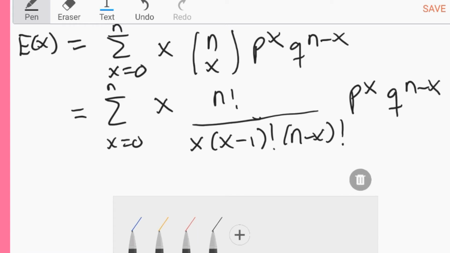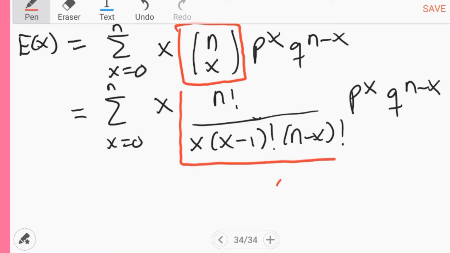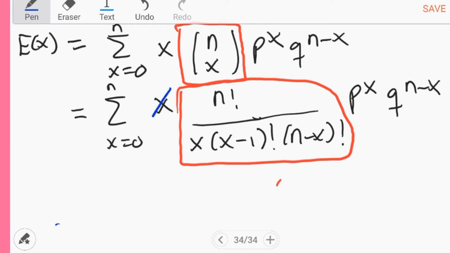So we've been able to express n choose x as n factorial over x times (x minus 1) factorial times (n minus x) factorial. As simple as that. So you can see that now we can cancel the x's, this x can cancel this.